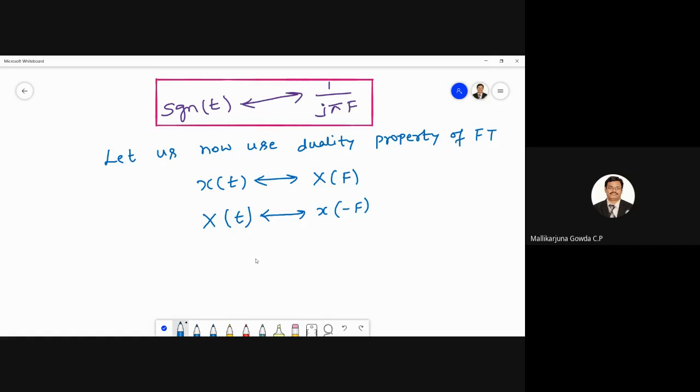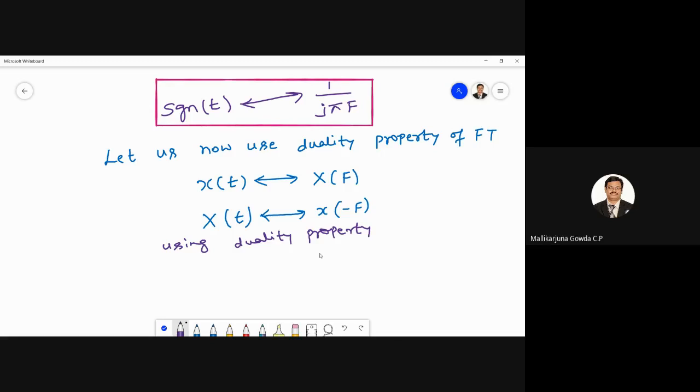So using this property, I can apply it to the above equation. How do we apply this duality property to the above equation?